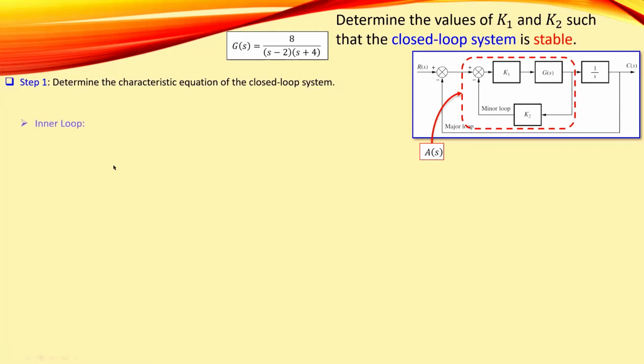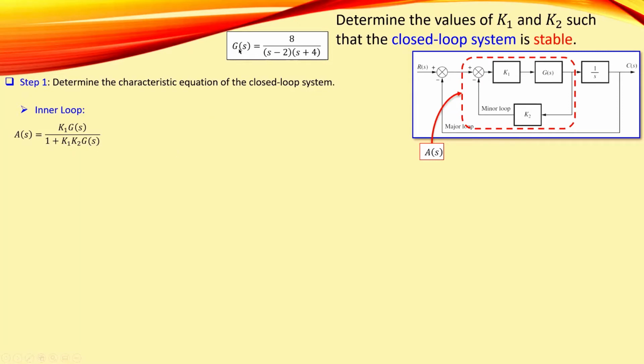So I have the following: the inner loop or the minor loop is A equal to K1 times G, which is just a forward path, divided by 1 plus the loop, and the loop is K1 times G times K2, and I'm back again at the same point. So that's actually 1 plus K1 times K2 times G, as this is the loop transfer function.